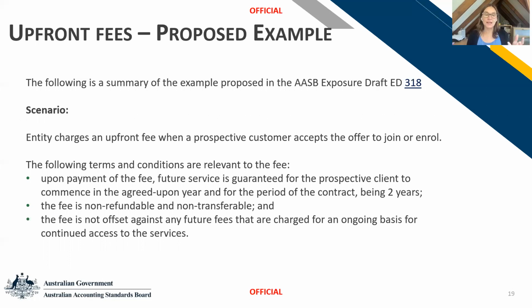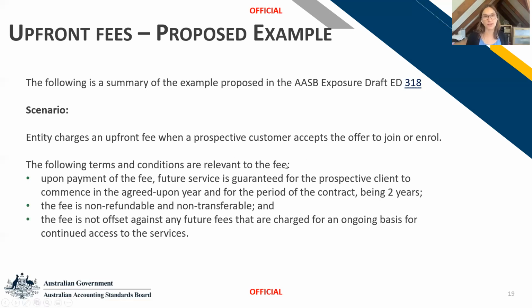We've looked at how we account for this particular fee. So in this example, it's non-refundable, it's non-transferable, it's not offset against any future fees. You pay this one-off fee and it allows you to have access to those ongoing services. So we've described the scenario within the exposure draft, and then we've given some guidance around that.